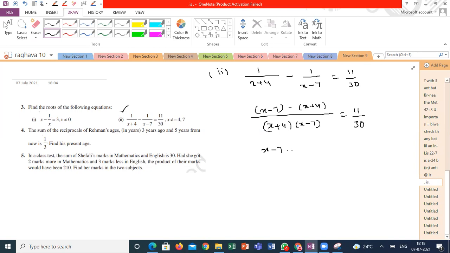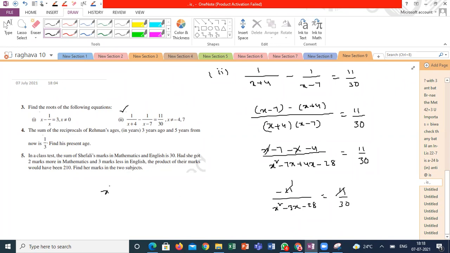x minus 7 minus x minus 4 divided by x square minus 7x plus 4x minus 28 is equal to 11 by 30. So x cancels. This is minus 11 by x square minus 3x minus 28 is equal to 11 by 30. 11 one times.